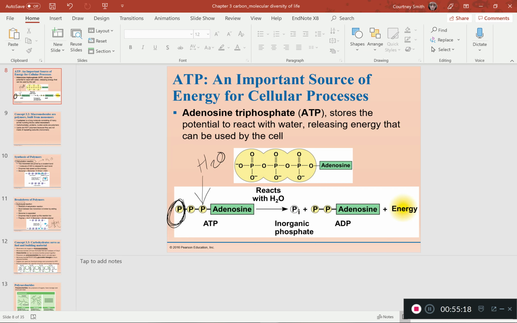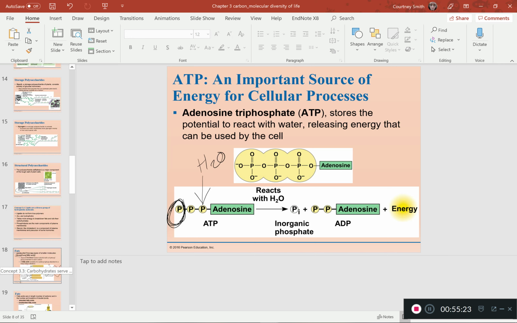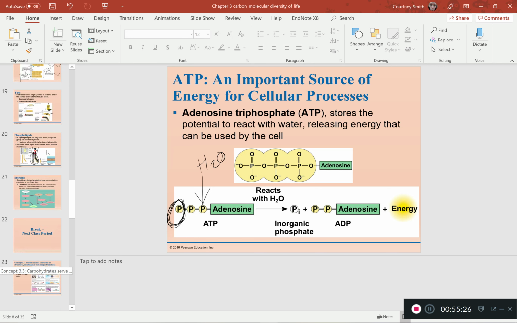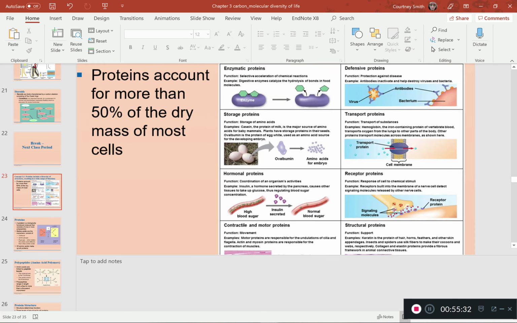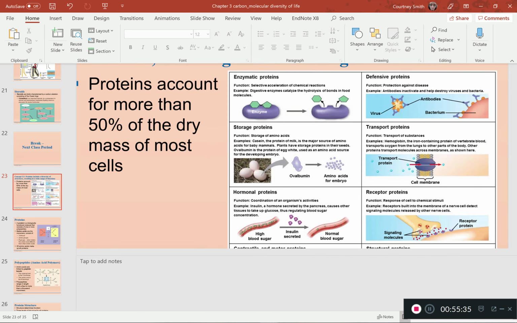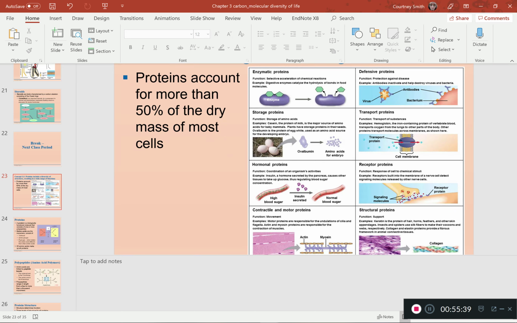Okay, so next we're going to talk about proteins. So let me scroll down and go to proteins. Like I said in class today, there are a lot of structures and functions that go with proteins. There are 8 various functions that proteins do. We will go into more detail on their functions as we progress throughout the term, but as of right now, I just want you to know the big picture.